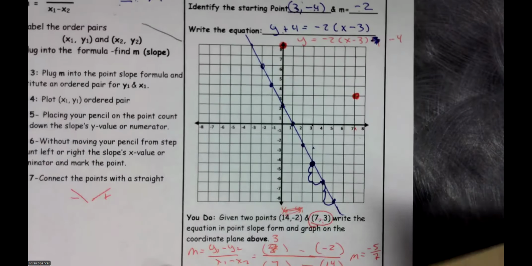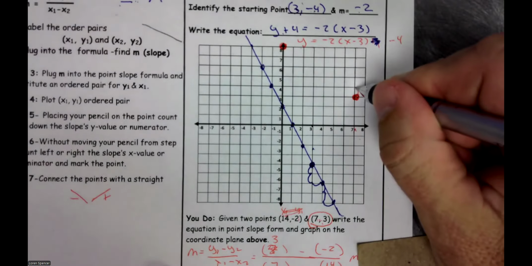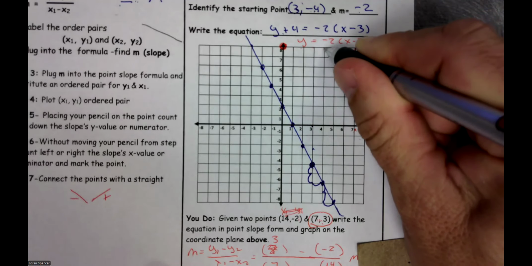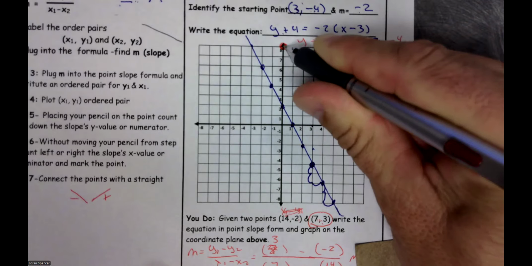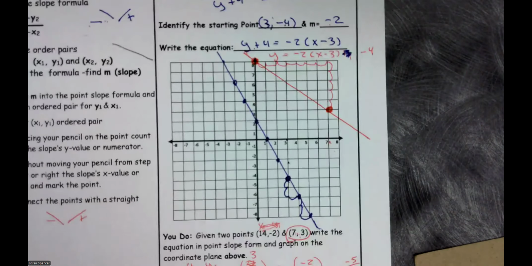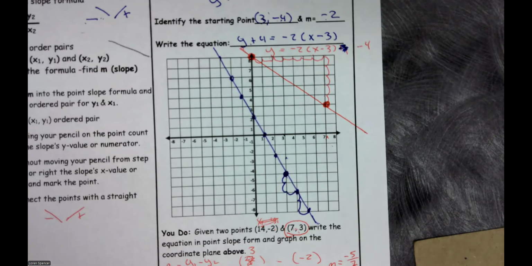Connect those 2 points because I went up 1, 2, 3, 4, 5, and over 1, 2, 3, 4, 5, 6, 7. Connect those points. All right, so that's our slope. We still need to write our equation.